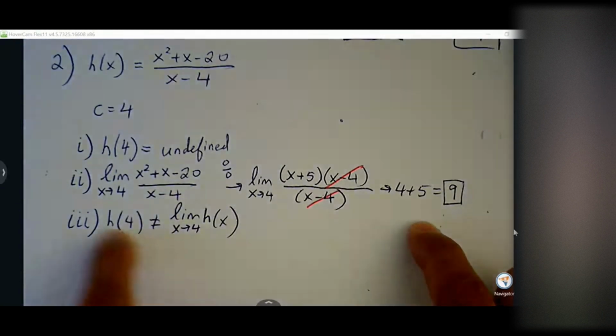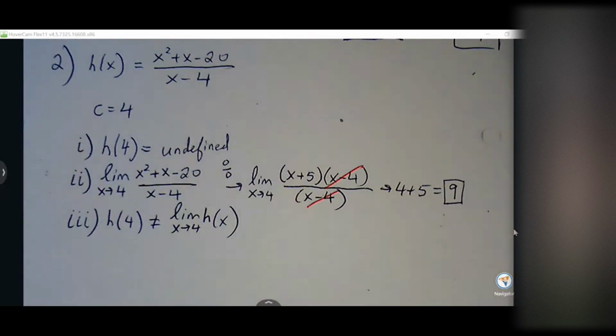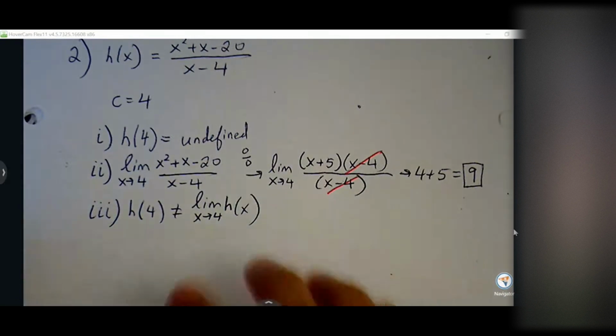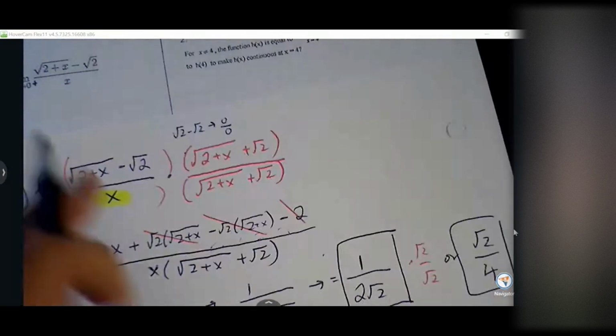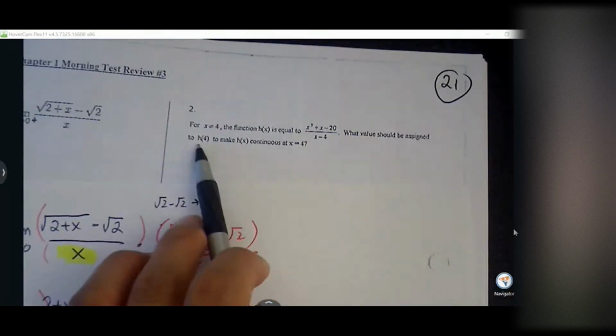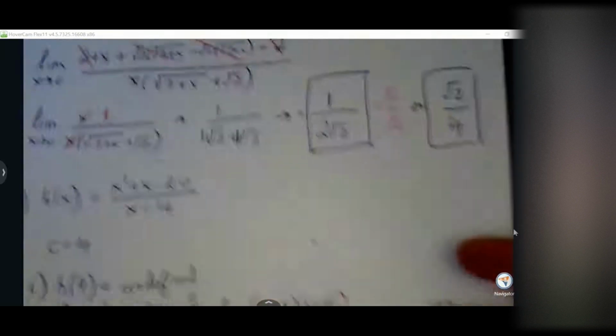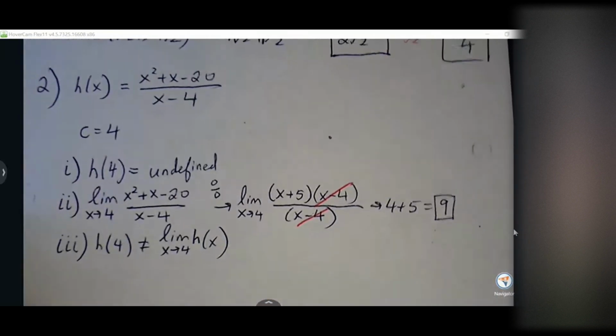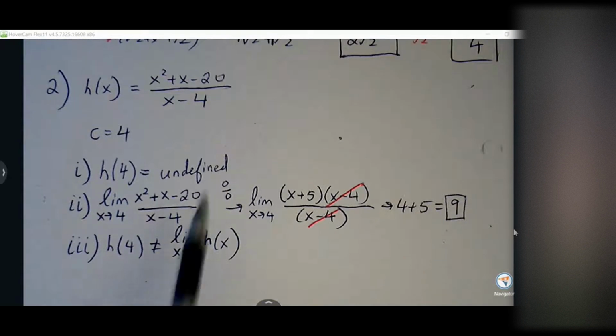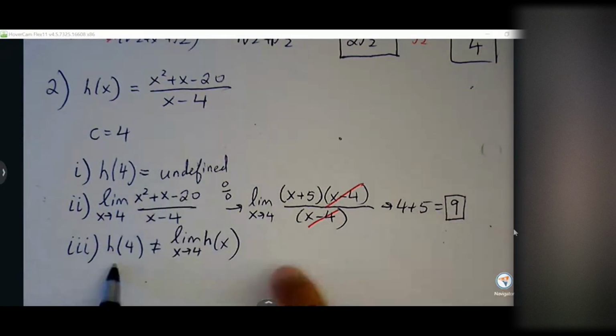To show all the specific notation that I'm looking for. But in this case, the problem says, what can we make h of 4 so that the function is continuous? So here, because they're not equal to each other, if we make h of 4 equal to 9, then we can get that to happen.